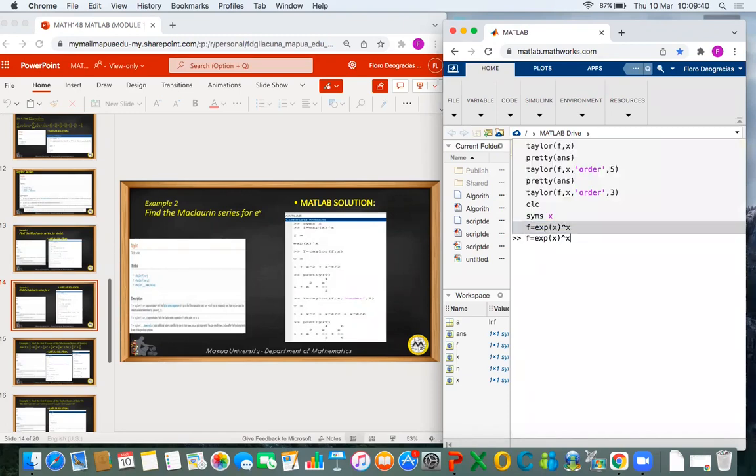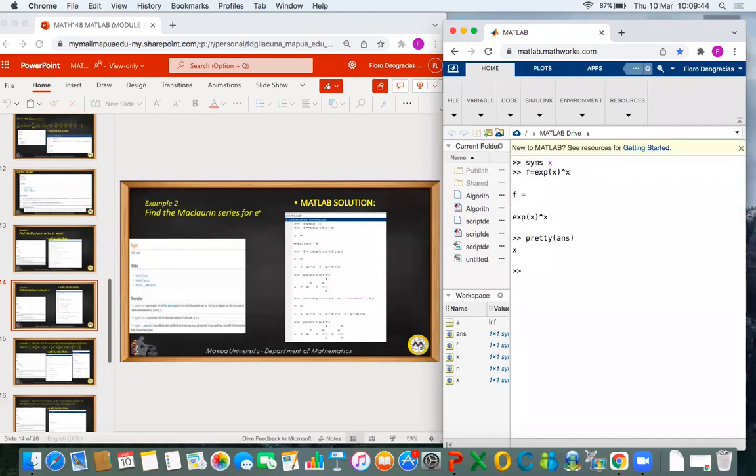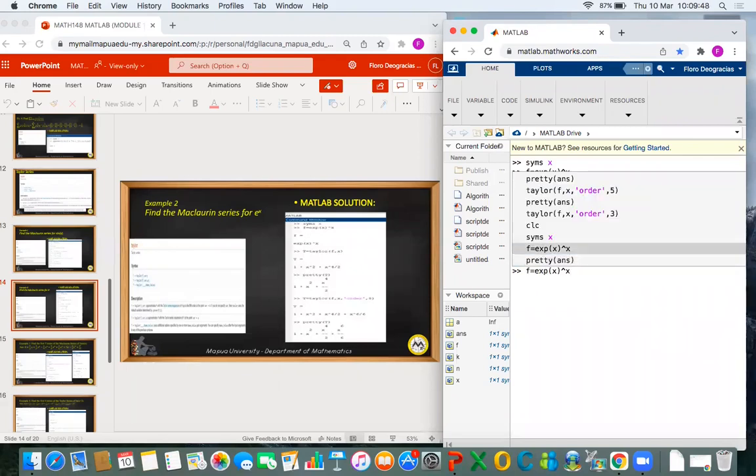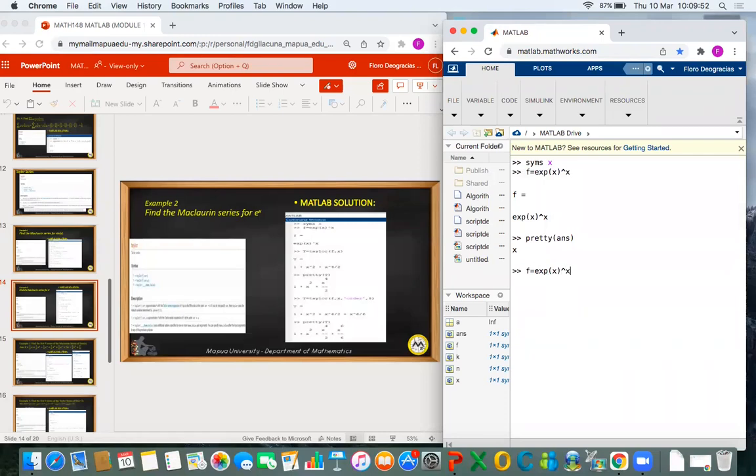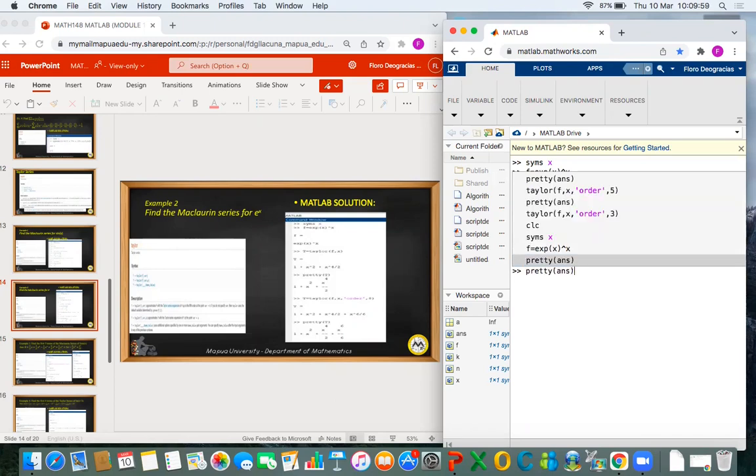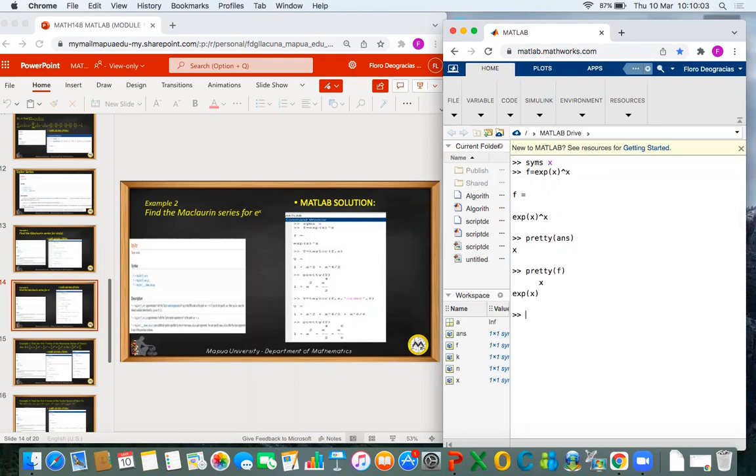Okay, so you may use pretty if you want to check. Sorry for that. It should be pretty answer, or pretty F. Not pretty answer, pretty F. Okay, so that is e to the x.